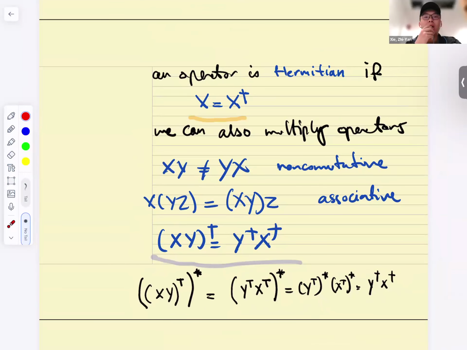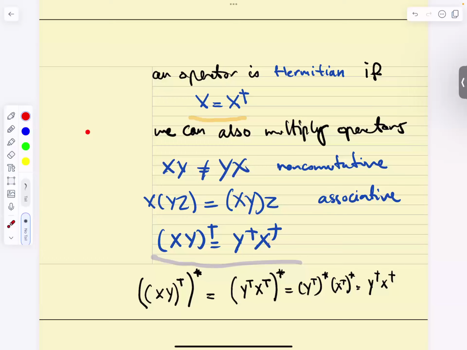By the way, I have a question. Yes, go ahead. For any vector, it must have an adjoint, right? For every ket, you mean? Yes. And every bra as well. Every ket, every bra, they have an adjoint. Yes. Okay.